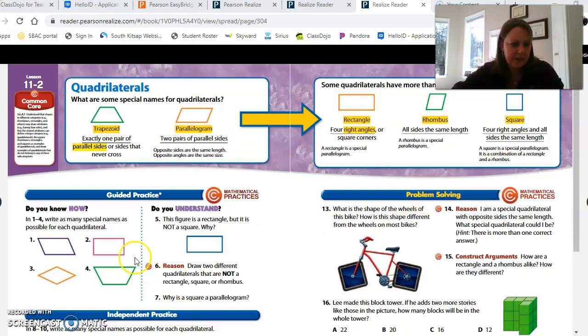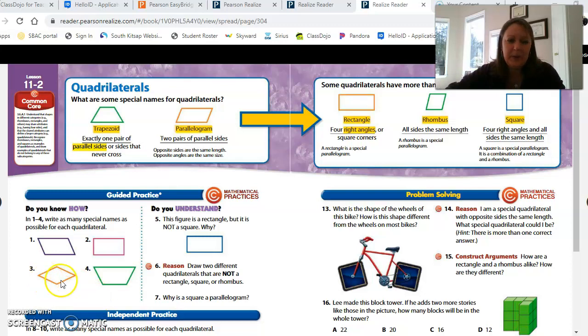Does it have sides that are all the same length? No, and that also means that it cannot be a square. Okay, number 3. Now, when I look at this one, that's not a rectangle. Oh, wait a minute, I forgot to check. Is this a parallelogram? The opposite sides are parallel. Parallelogram.